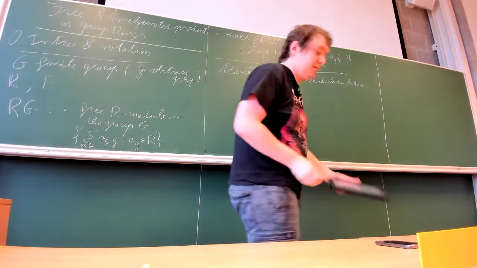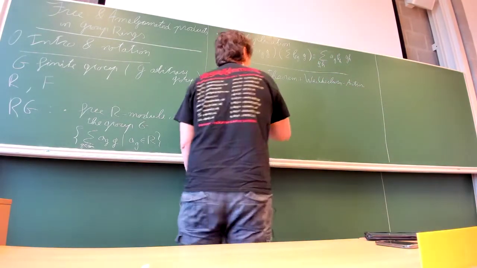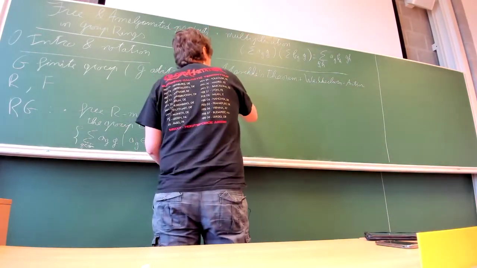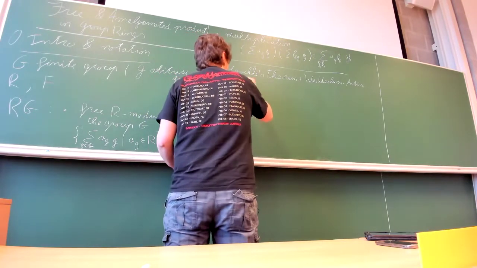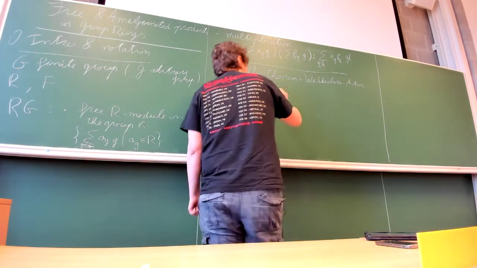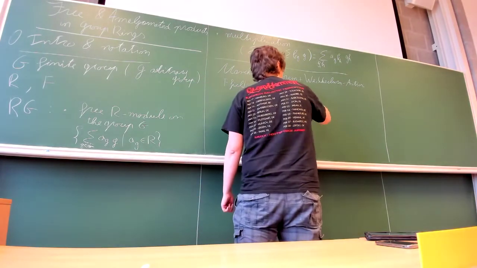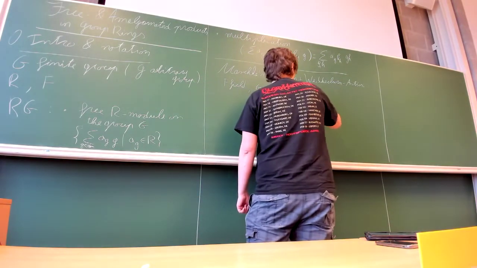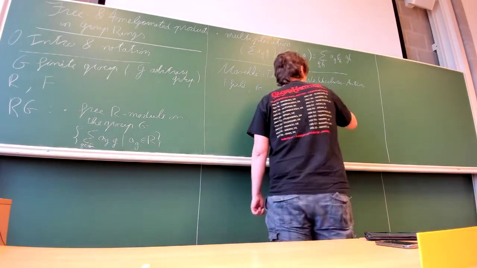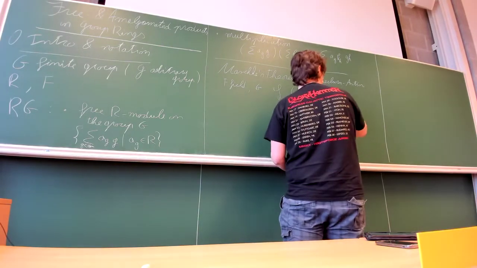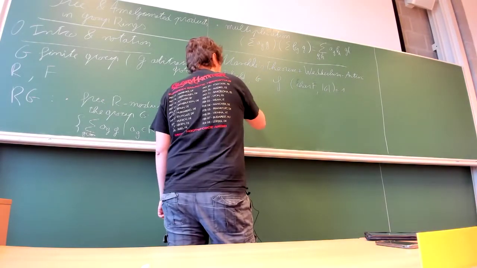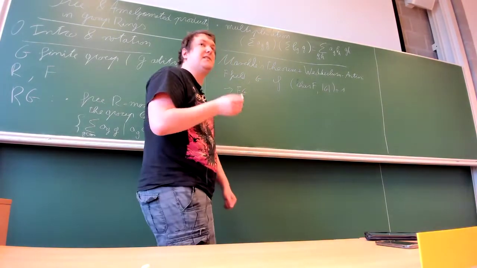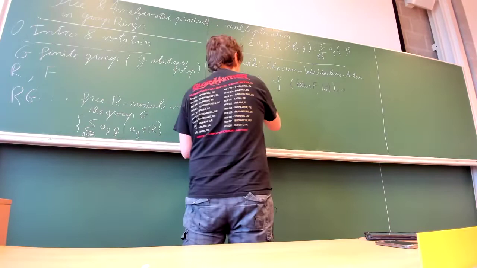It basically says the following: suppose you have a field F and a group G, and the characteristic of your field and the order of your group are coprime. Well then FG is a semi-simple algebra.